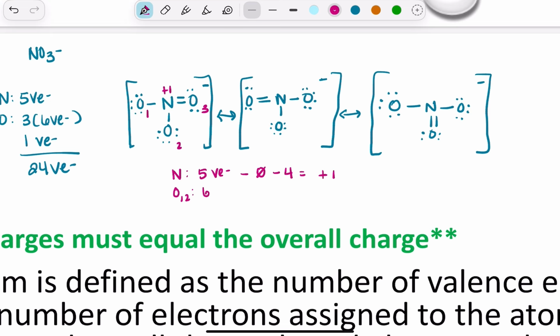Oxygens 1 and 2 are equivalent in their structures because they each have 3 lone pairs and 1 bond. Oxygen overall has 6 valence electrons. I have 6 dots on the oxygen, and I have 1 bond to the oxygen, giving me a -1 charge.